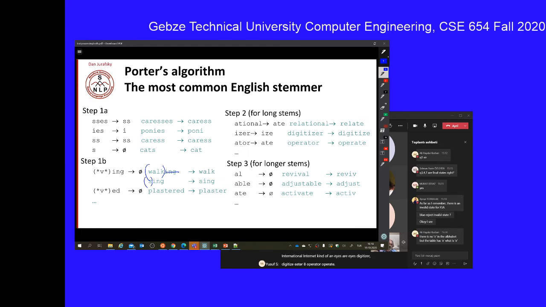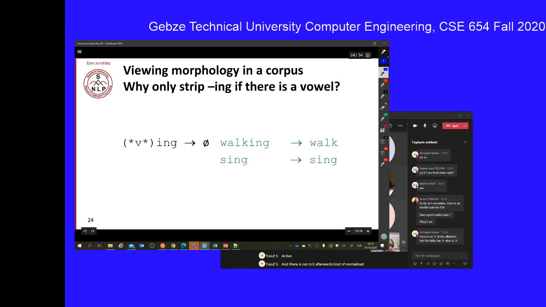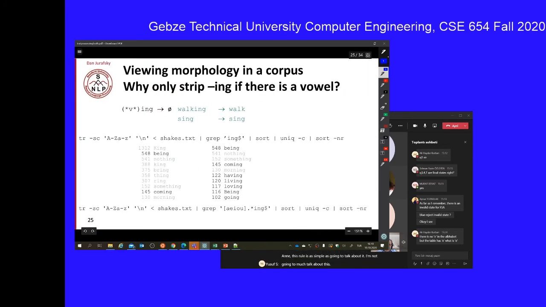For longer stems, you're going to do this: "revival," "reviv"; "adjustable," "adjust"; "activate," "activ"; and there is no E afterwards, kind of normalized. This rule is a simple rule that I'm not going to talk about much. So they have implemented this rule like this.